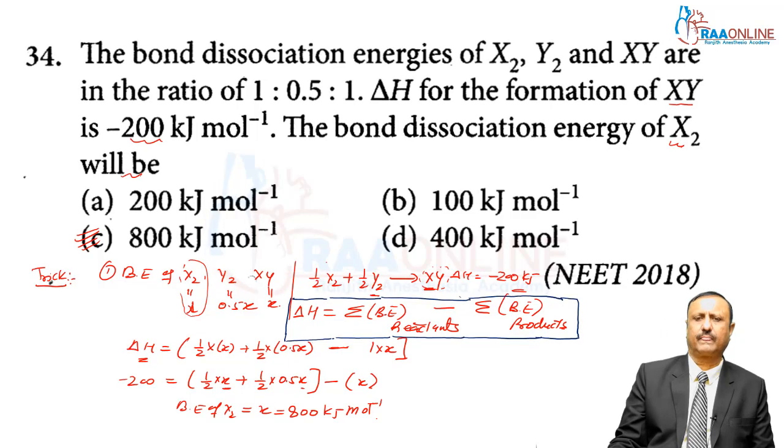Here in this formula, reactant minus product is given and delta H is also given. Delta H is the heat of reaction or heat of formation reaction, because 1 mole of XY is formed. That's why it is called heat of formation.